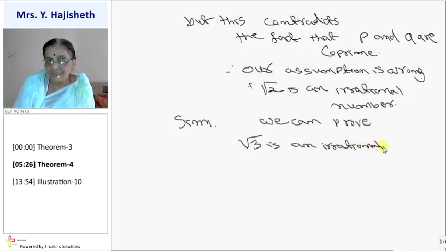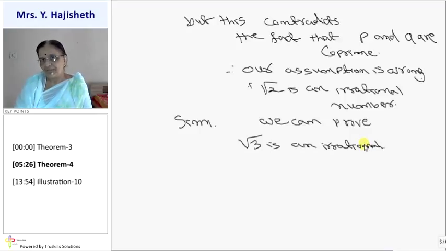Can you imagine? खाली 2 divides p square and 2 divides p and 2 divides q की जगह 3 divides p and 3 divides q आएगा. So SCF of p and q or a and b will be 3.